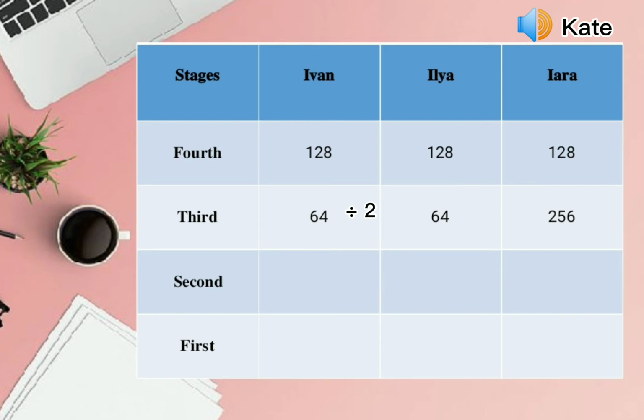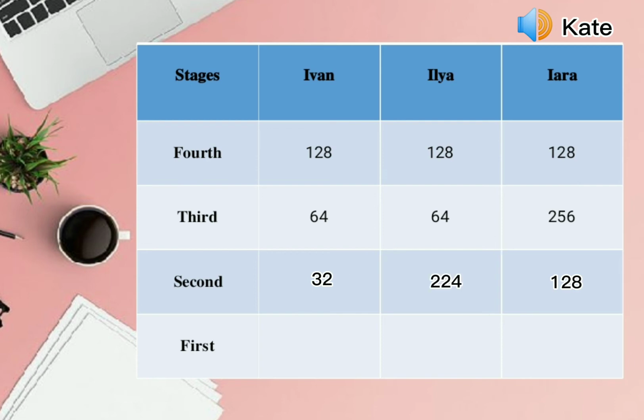Same with Ayara. 64 divided by 2 is equal to 32, and 256 divided by 2 is equal to 128. Now we solve for Ilya. To get Ilya's, we add his current money and the money he gave to Ayara and Ivan. So, 32 plus 64 plus 128 is equal to the total of 224.